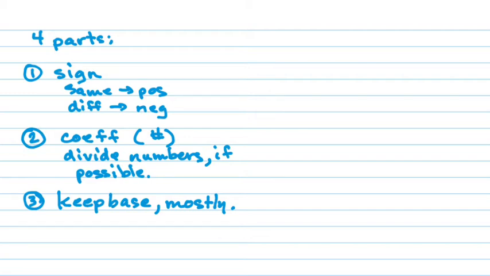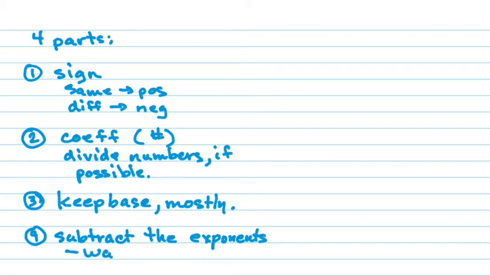Okay? Now, the last part of every term is its what? Fourth part is its exponent. And remember, when we multiplied terms, what did I do to the exponents? Added them. But so when you're dividing, what do you think you're going to do to them? Exactly. Subtract the exponents. And this is where we can get into some trouble.